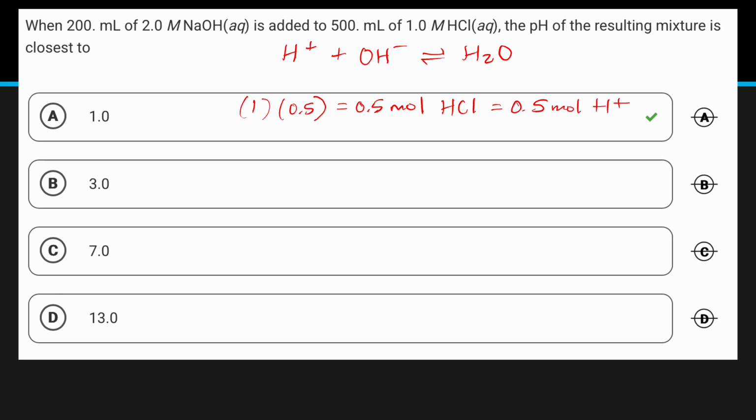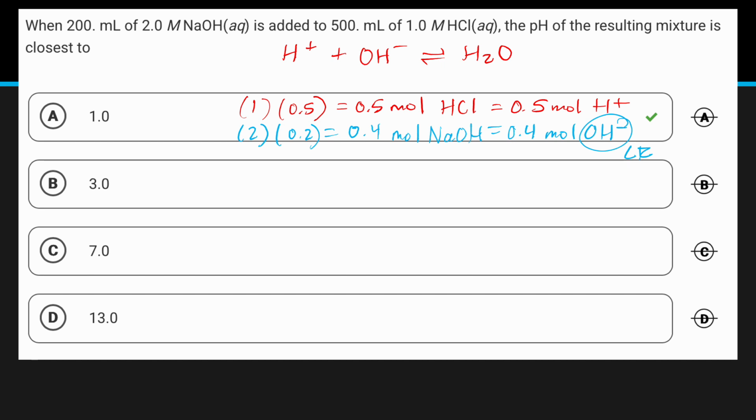Now, looking at my OH-, I have 2 molar at 0.2 liters, which gives me 0.4 moles of NaOH, which is 0.4 moles of OH-. So OH- is my limiting reactant, so I'm only going to be left over with H+.